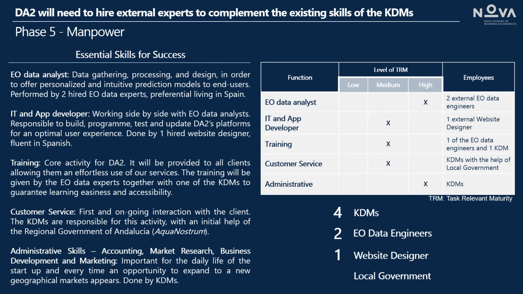The EO data analysts will conduct all the data gathering and processing and will work side by side with the website designer in order to offer a personalized and intuitive service to the end user. The website designer will also update and continuously test DA2's platform.